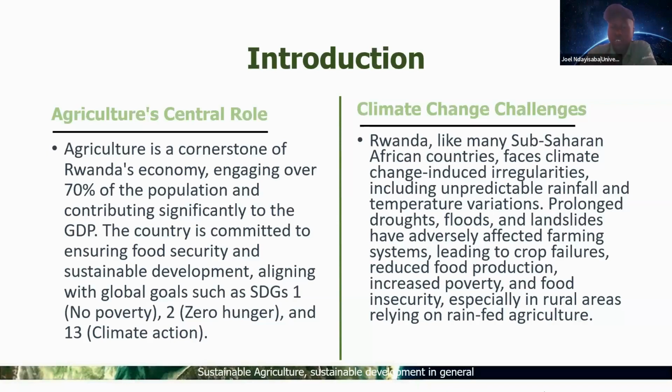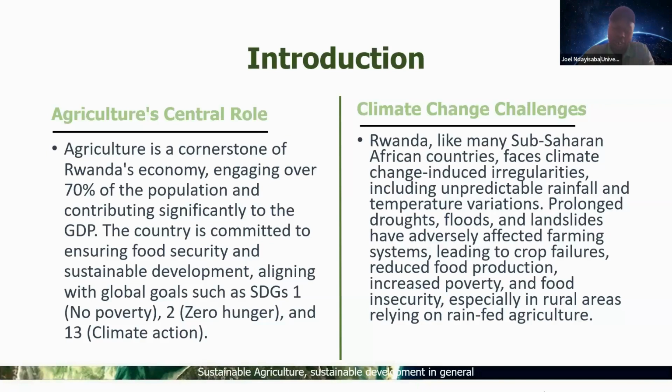Those floods are the result of unpredictable rainfall, and they have impacted the lives of a huge number, above 100, of Rwandan citizens. So those are challenges in some parts of our country.